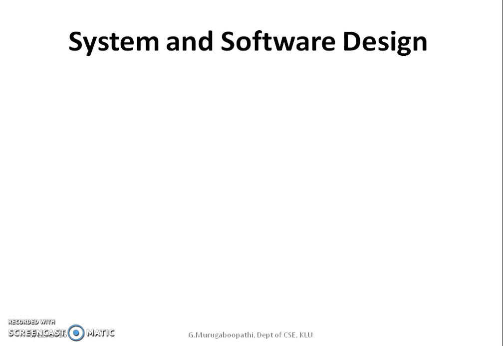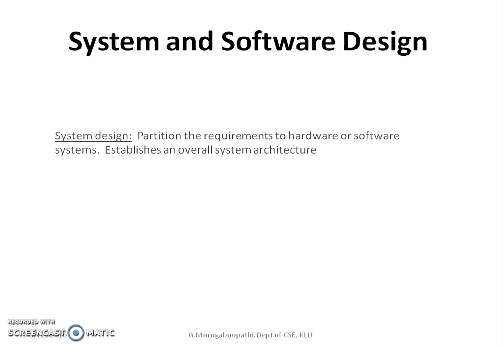Next we move to system and software design. The system design partitions the requirements into hardware or software systems. It establishes the overall system architecture.